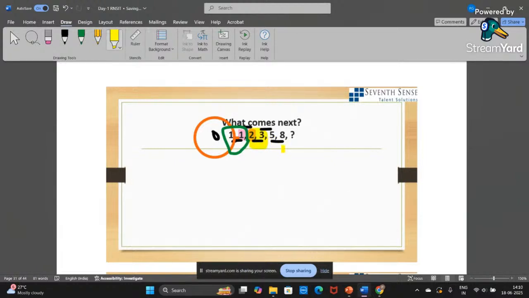Again, in the same way, 3 plus 5 is 8, so the next number will be 8 plus 5. How much is it? 13. Thirteen is the answer for this.